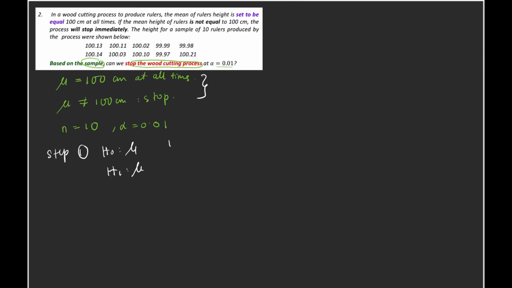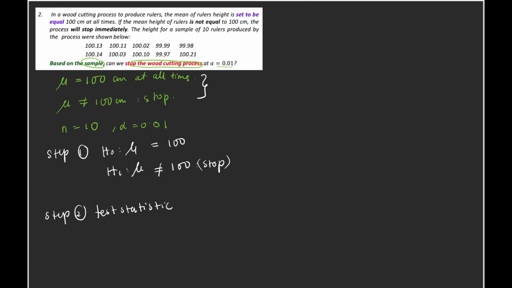Mu is equal to 100, mu is not equal to 100. So equal is always H null. If H null is equal, H1 is unequal. If mu is not equal to 100, the process will stop.